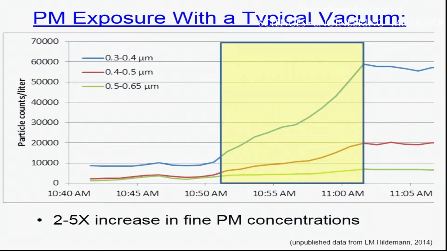So a 2 to 5-fold increase in concentrations of fine particles of different sizes. Some have hypothesized, oh, this is the vacuum wheels stirring up the dust, or it's less than 100% efficiency in capturing the dust out of the carpet.